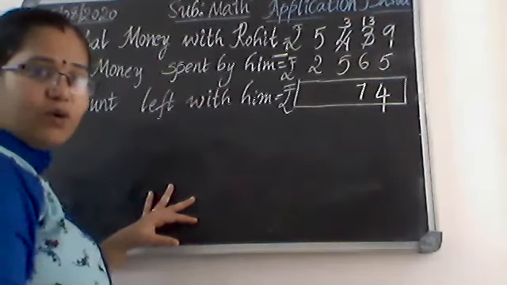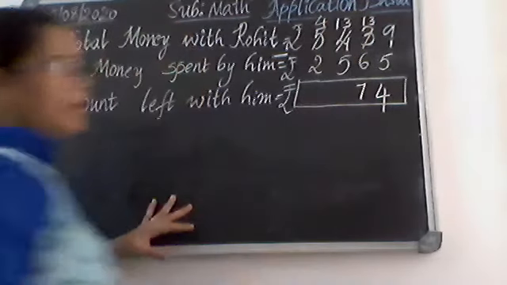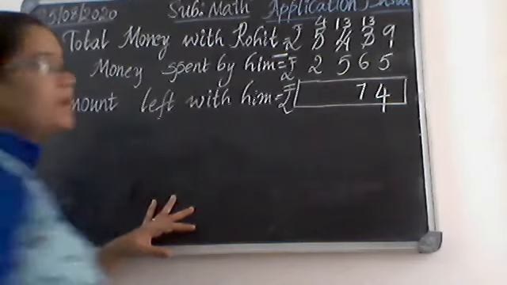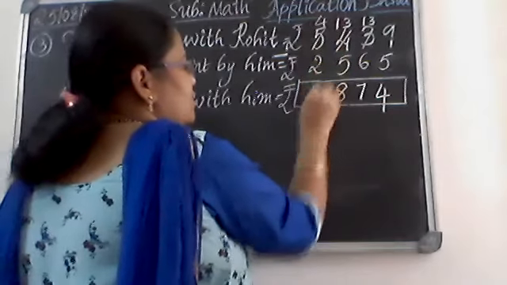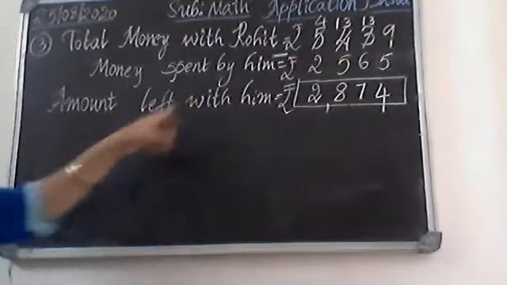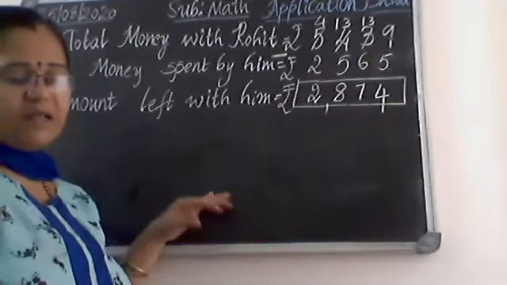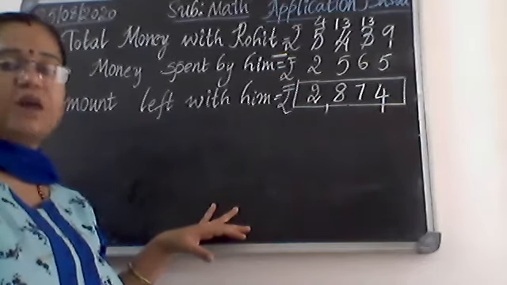Again, we have to borrow from the next neighbor. So 5 will be reduced to 4. 3 will become 13. 13 minus 5, how much? 8. Next, 4 minus 2 is 2. So what are we getting? The amount left with him is rupees 2,874. But in our question, they have asked you to round it off to the nearest 1,000.